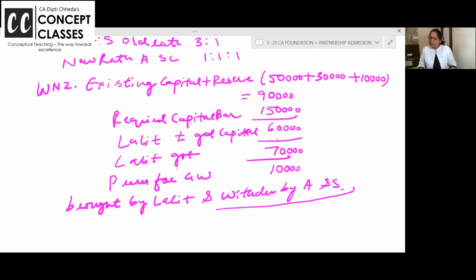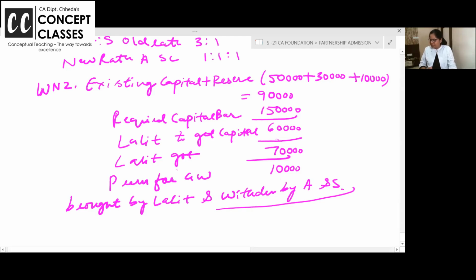Is this clear to all of you? So who will bring the 10,000 goodwill? Lalit. Who will take it home? Old partners. And partners are withdrawing goodwill or reserves or anything. Entry is drawings to bank. Finished. Now tell me, Smritika and all of you others, is it clear or do you still want some explanation? No problem. Until it is clear, you ask. Is the concept clear to you?